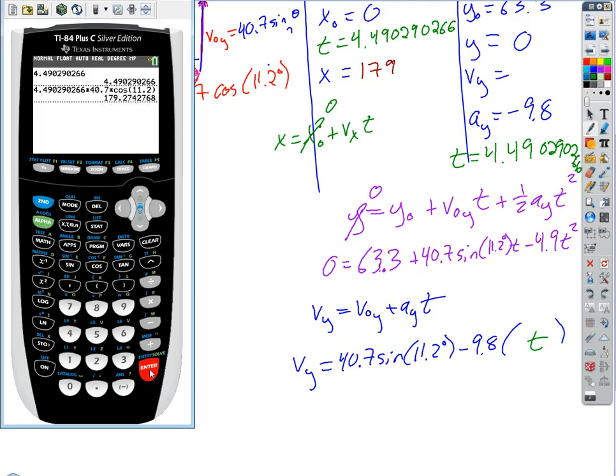Gives us that. So my velocity is negative, right? What's that mean? It's going down. Yeah, the vertical velocity is negative, which of course it is, right? Okay, so negative 36.099, blah, blah, blah. We got it on there, right?